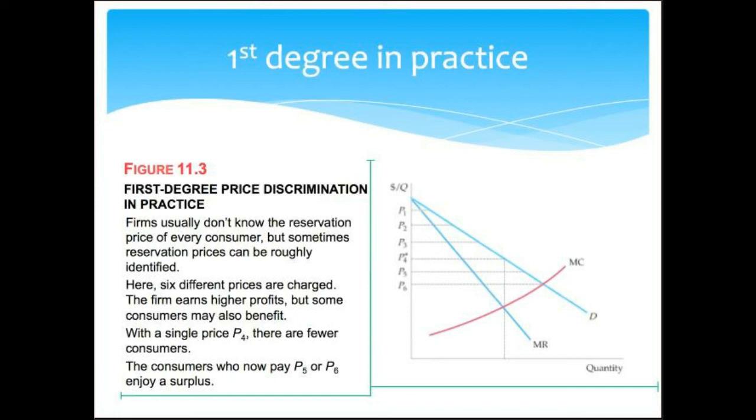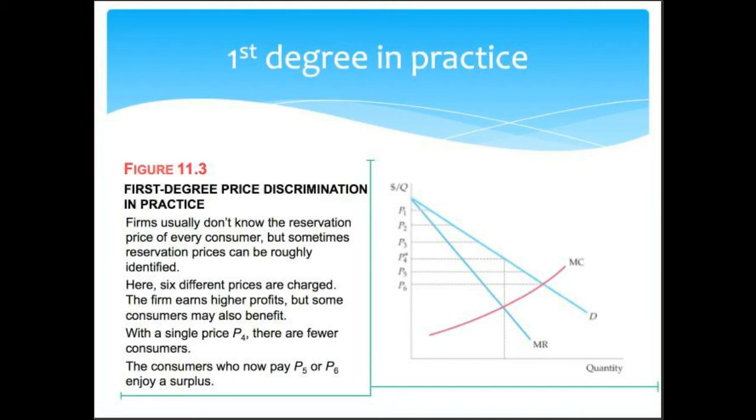So anyway, what does this mean in practice? Well, even if the firm doesn't know the reservation price of every consumer, you can kind of guess, kind of close, or you can do some segmentation, which we'll talk about a little bit more. So this slide just shows a situation where there's, say, 6 different price categories.